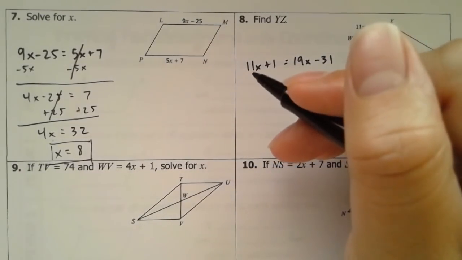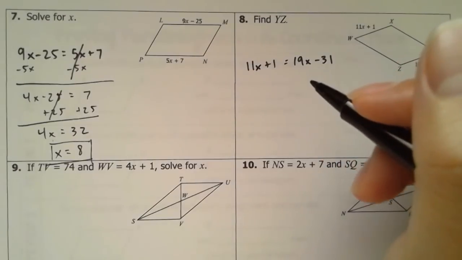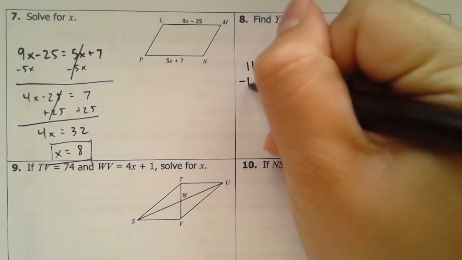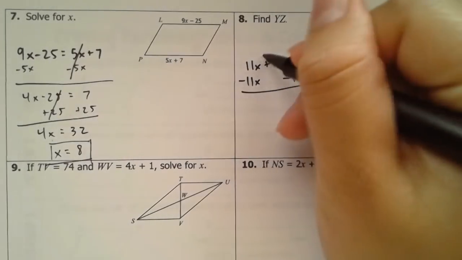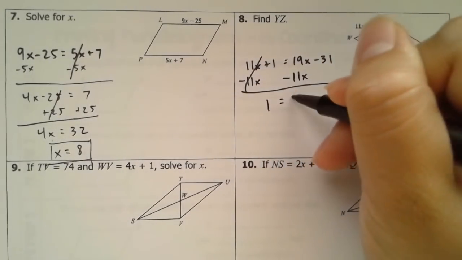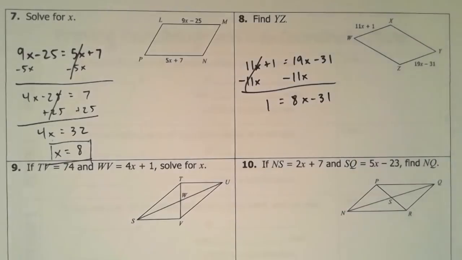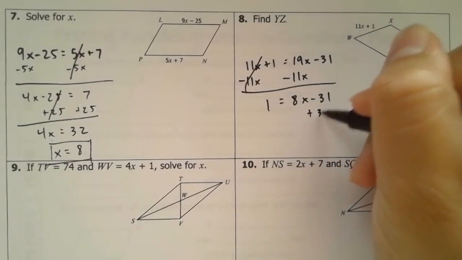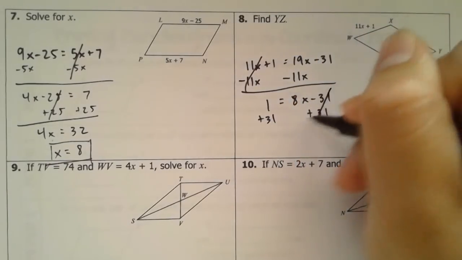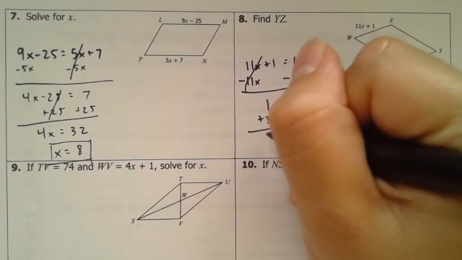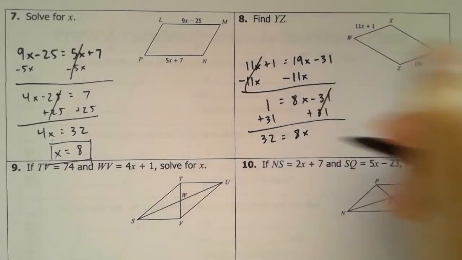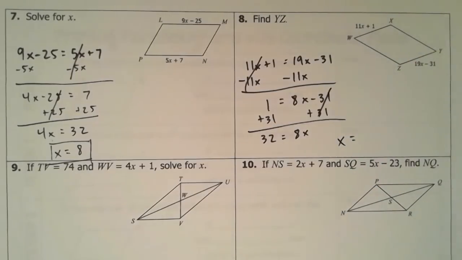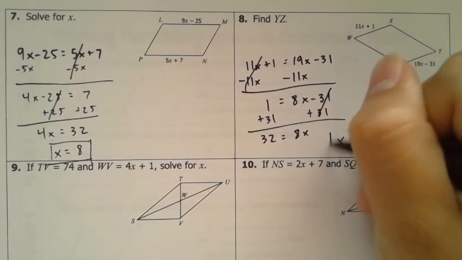I'm going to get my x's on one side, my constants on the other side. I'm going to subtract 11x from both sides here, and I get 1 is equal to 8x minus 31. Then I add 31 to both sides, and I get 32 is equal to 8x, and when I divide by 8 there, I get that x is equal to 4.